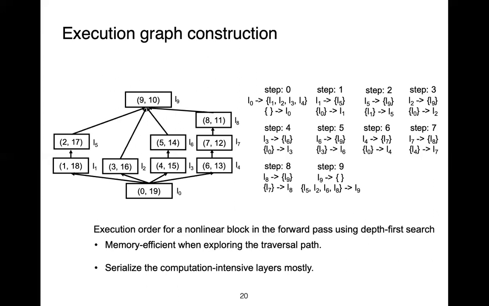The reason why DFS should be applied to construct the execution graph lies in two properties. First, DFS requires less memory space to reach the joint connection node in the nonlinear blocks when exploring the traversal path. Secondly, it can serialize the sequences of convolution layers in each branch.